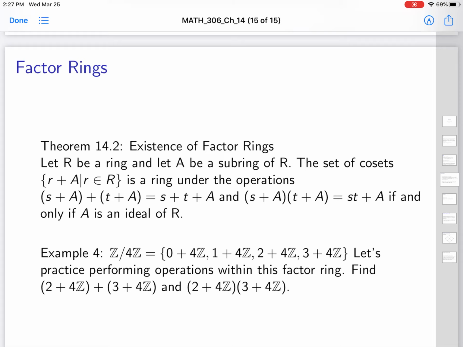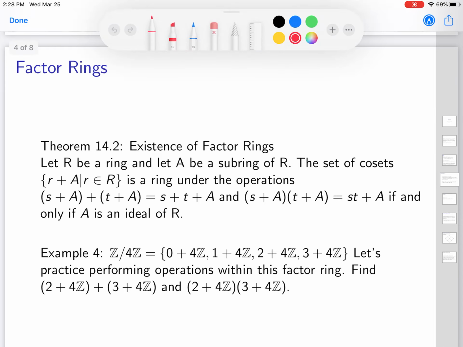Let R be a ring and let A be a subring of R. The set of cosets r plus A such that r is in R is a ring under the operations, and it gives us additive operations and multiplicative operations, if and only if A is an ideal of R. So it shows us both our additive and multiplicative operations, which I'm guessing are exactly what you figured they would be, based on our idea of what a factor group was previously.